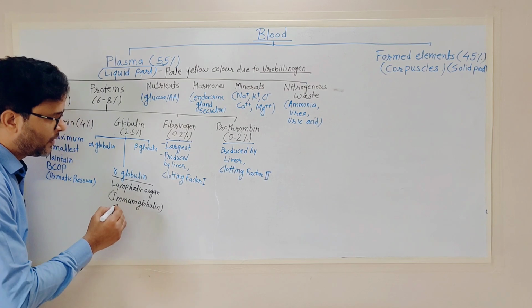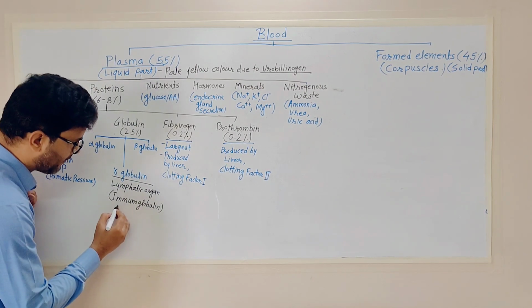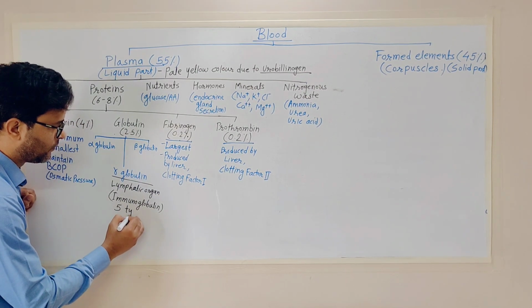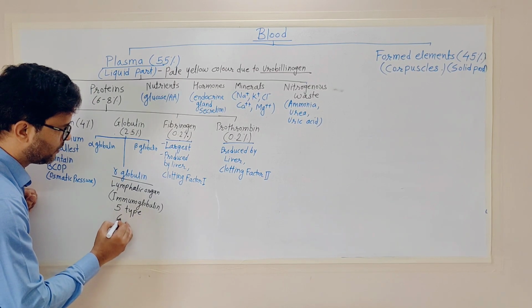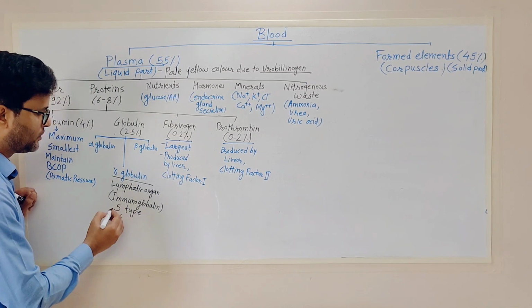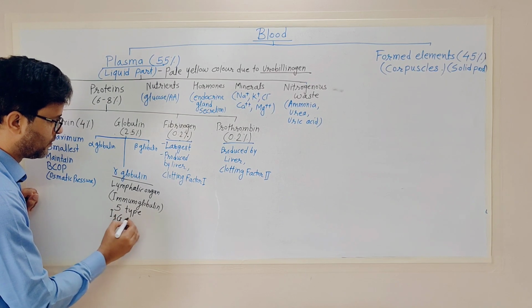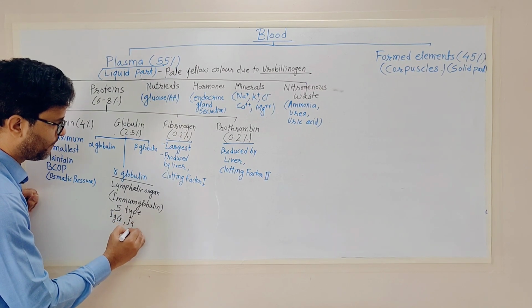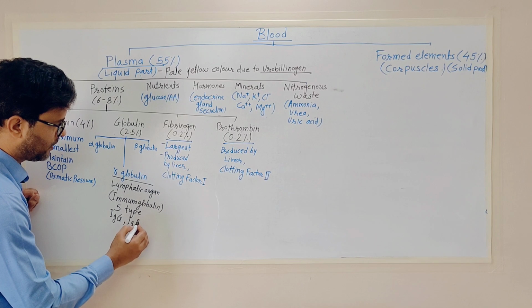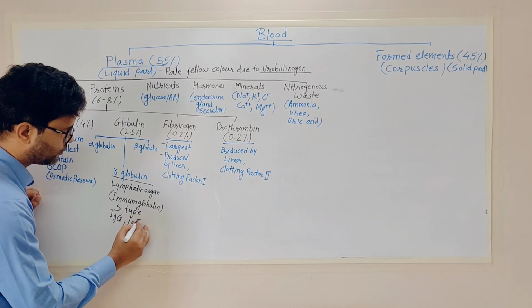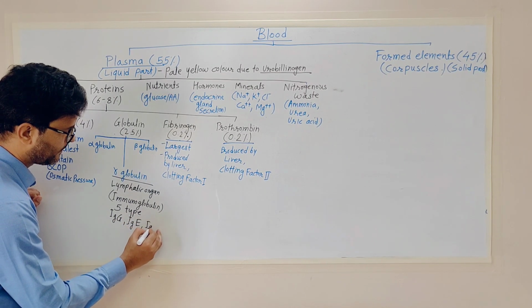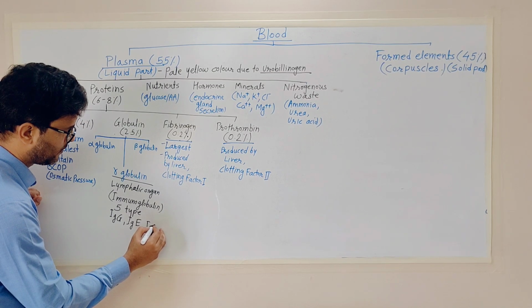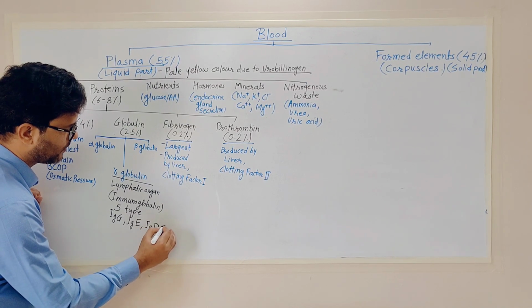Okay, immunoglobulin. So there are five different types, namely IgG, IgM, IgA, IgE, IgD.